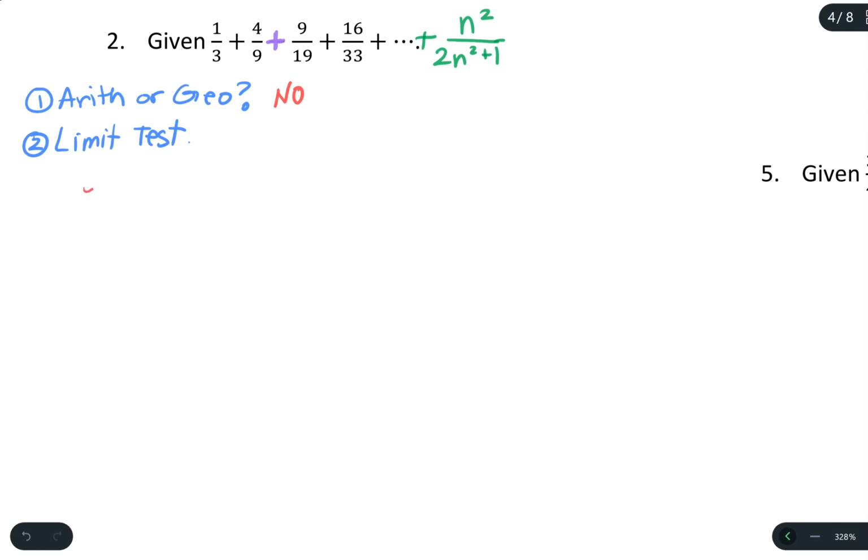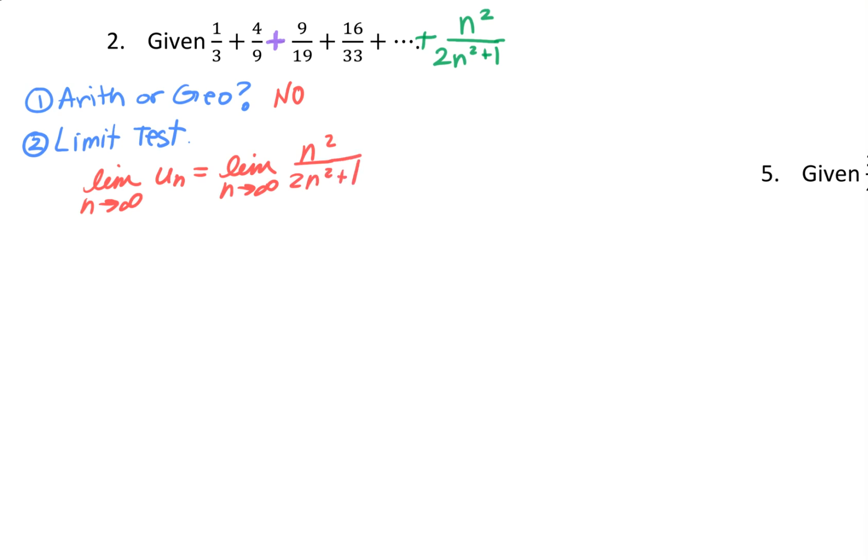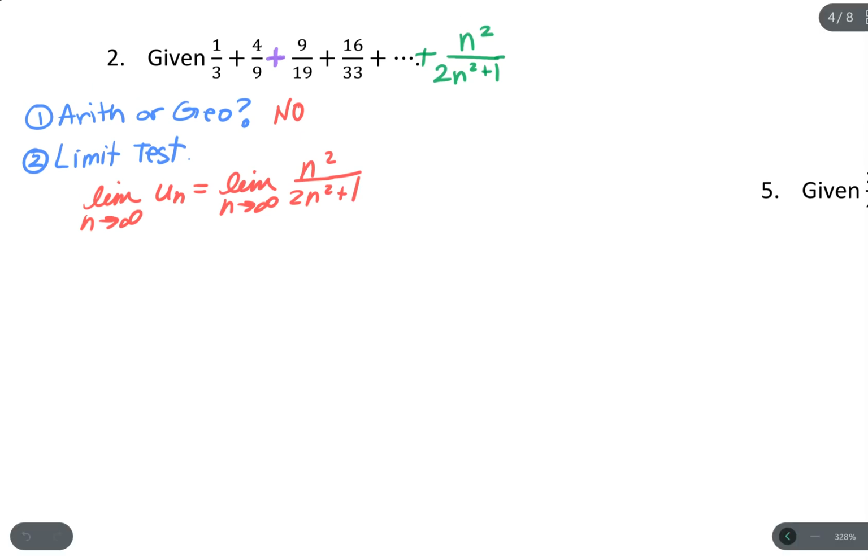And so now we're going to find this limit. The limit as n approaches infinity of u sub n, make sure you write that first. And then we have the limit as n approaches infinity of n squared over 2n squared plus 1. Now, you don't have to show the divide by n squared anymore. You can use your horizontal asymptote rules.